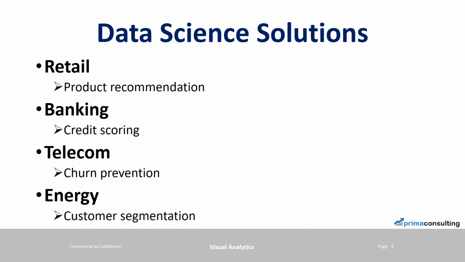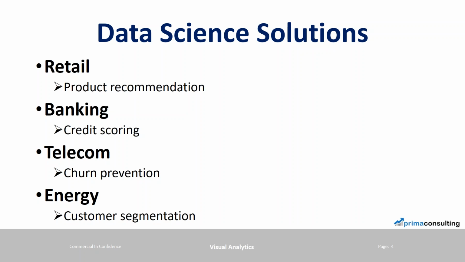Churn prevention in many industries is also an important problem which data science can solve. Many customers, not all customers, will complain when they're dissatisfied. They'll just leave.